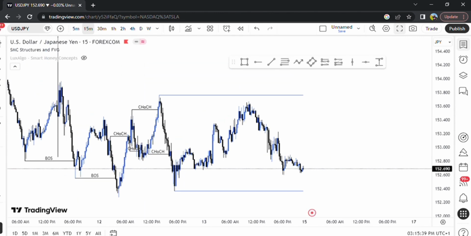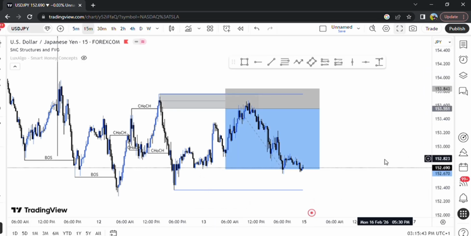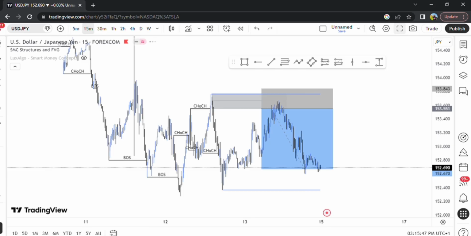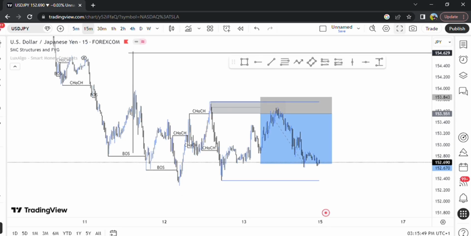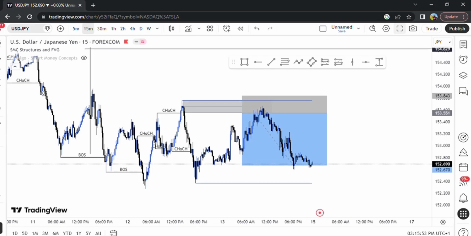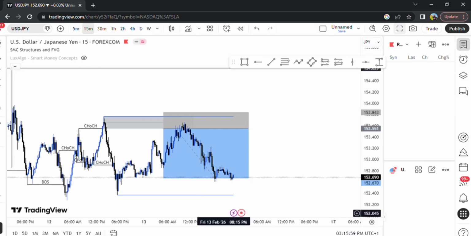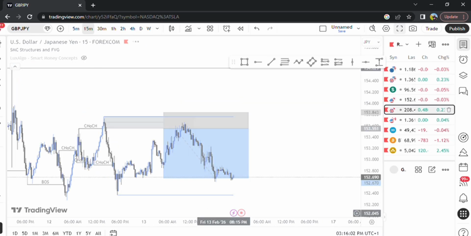This blue tick is the current structure. This blue tick and this blue tick is the current structure. Now you can see it exactly. The same thing happened in UJ, but I didn't trade this because I was only focused on one particular pair. That was why I didn't trade this particular setup, but I did take the one on GJ.